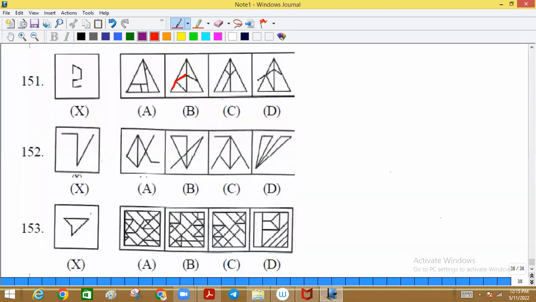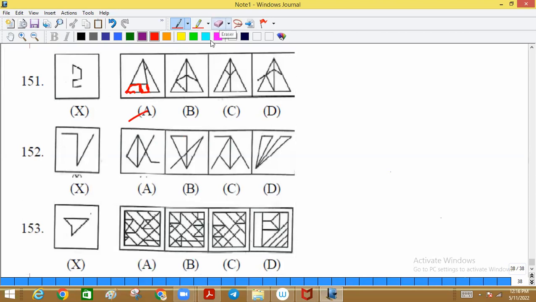Okay, I'm coming here, coming down. No, that is not the answer. No. What is the answer? Yeah, this is the answer. Okay, answer is option. I said no.